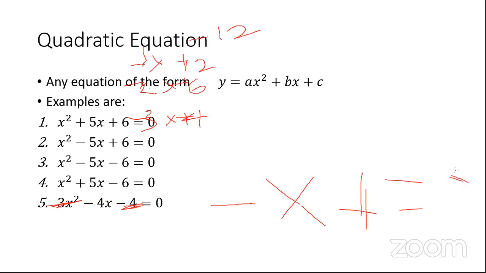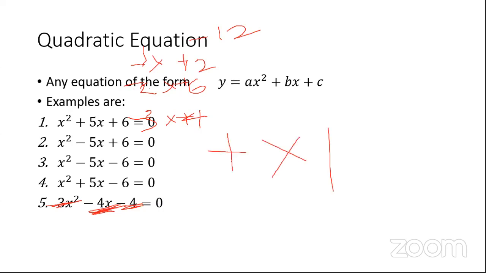So if you look at everything I've written now, which one will produce minus 4? You know we have minus 4x, so we want to replace minus 4x. Minus 1 plus 12 will give us 11. Minus 2 plus 6 will give us 4. But we are looking for minus 4, so what you just need to do is swap that sign.